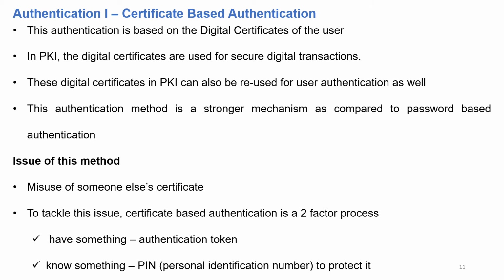Having something refers to an authentication token which can be used to authenticate. Next is to know something. Know something is something that the person keeps for himself. It is similar to a password. Here it is a PIN, also known as your personal identification number, and this should be protected by the user or the identity that has this PIN.